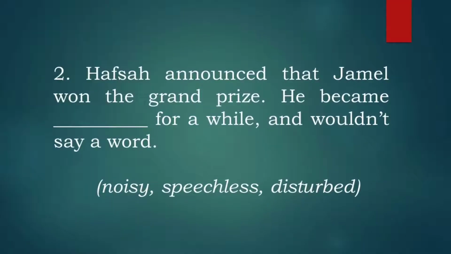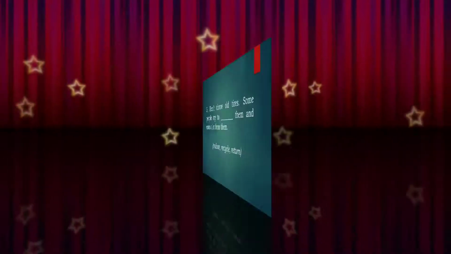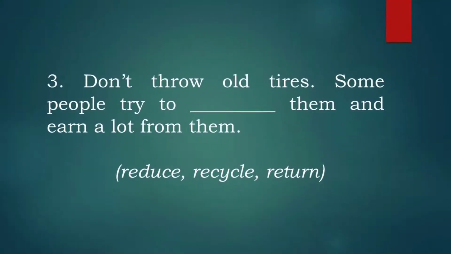Number 2. Hafsa announced that Jamil won the grand prize. He became blank for a while and wouldn't say a word. The choices are noisy, speechless, disturbed. Number 3. Don't throw old tires. Some people try to blank them and earn a lot from them.